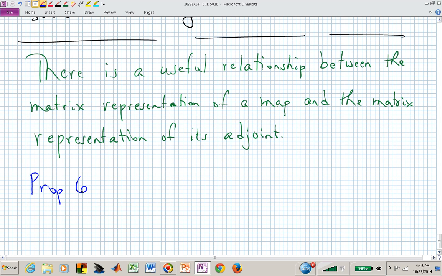And this is actually proposition 47 in chapter 6.